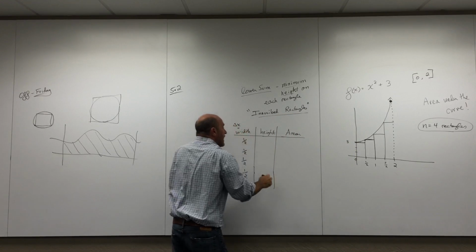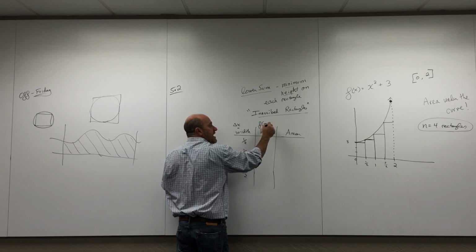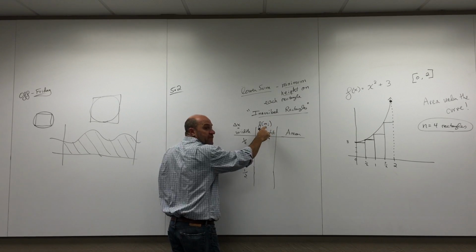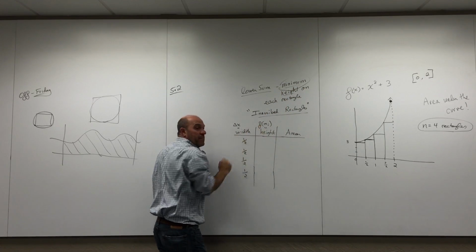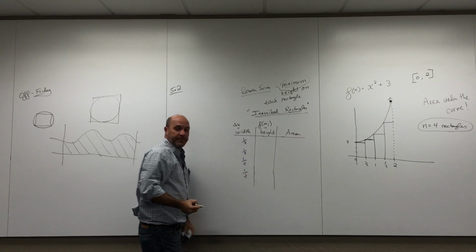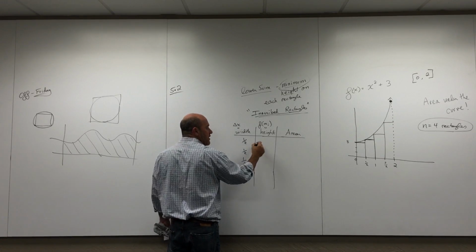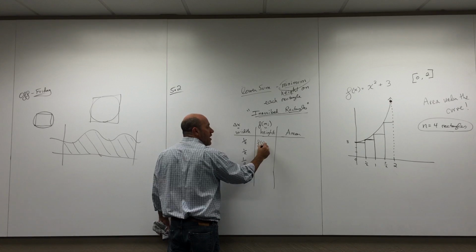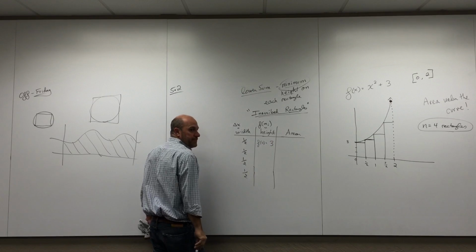And so I'm going to denote that like this. So this height is going to be called f of little m i, and I'm using a little m for the minimum. I'm trying to get this minimum height for these inscribed rectangles. Okay. All right, here we go. So the first rectangle, you said you're plugging in a 0. I'm going to write that. I'm plugging in a 0, and what height do I get? 3. Okay, thank you.